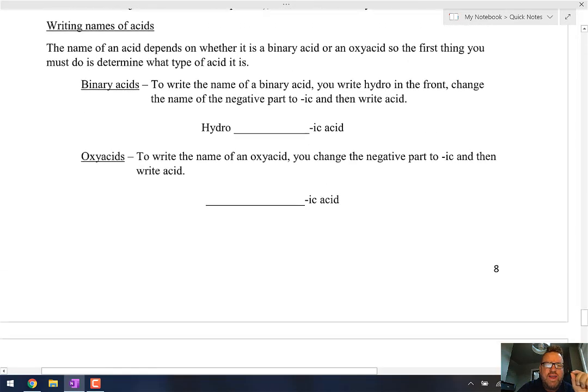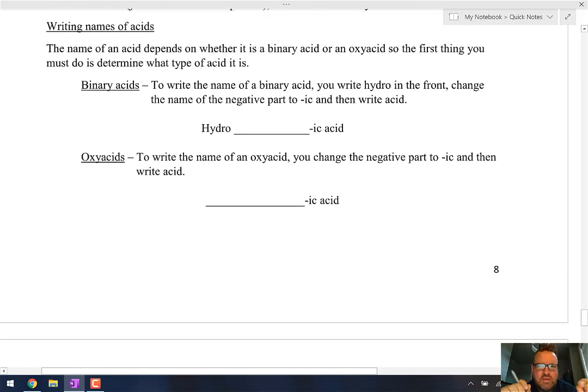When you're writing the name of an acid, it's really important whether it's binary or oxy. The reason is, let's look at 2 different acids here: HCl and HClO3. Cl is chlorine, so you would think the name of that would be hydrochloric acid.